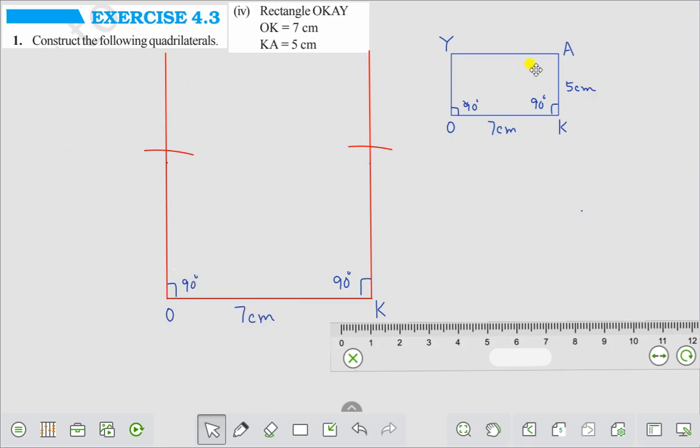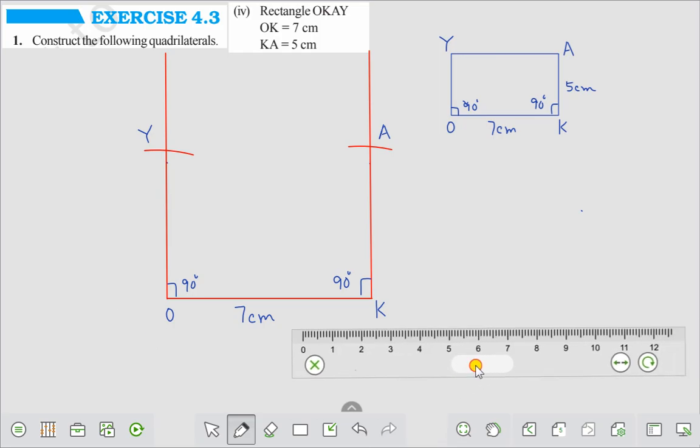That means we got the 2 points. This point is A. And this is Y. Right? Now join YA with the help of the ruler.